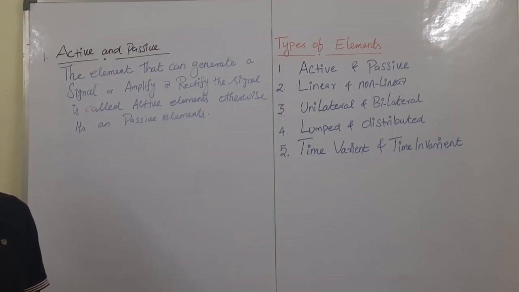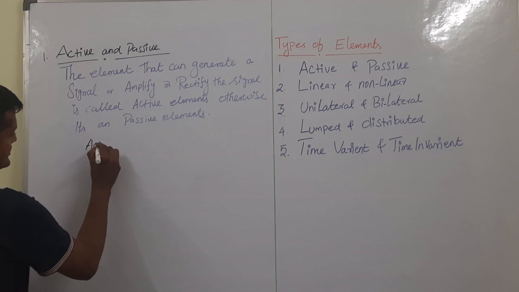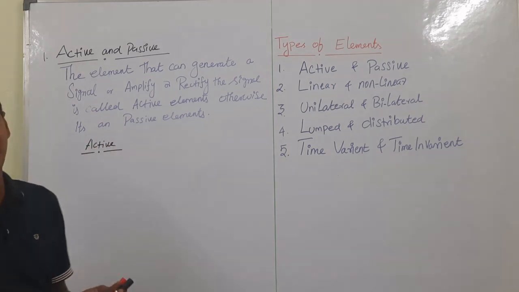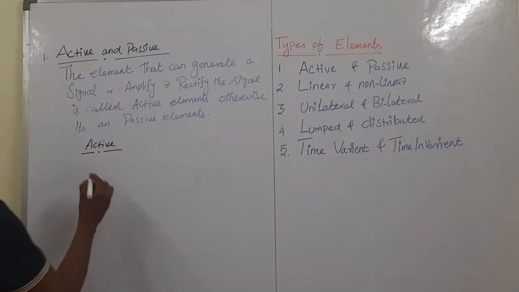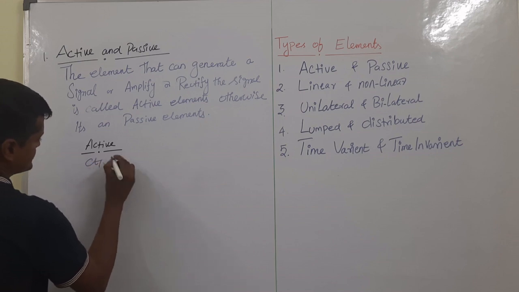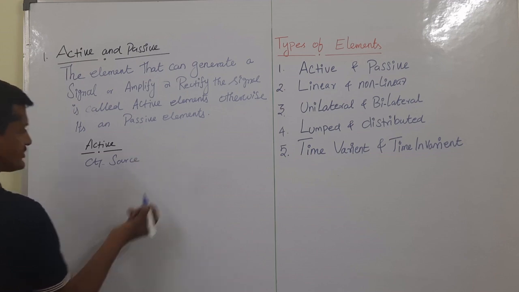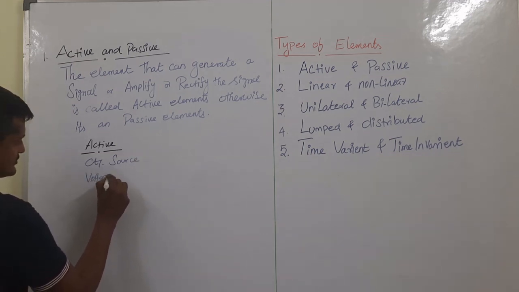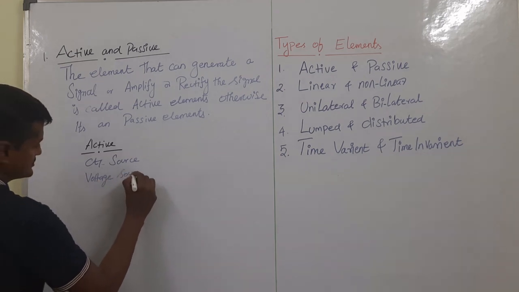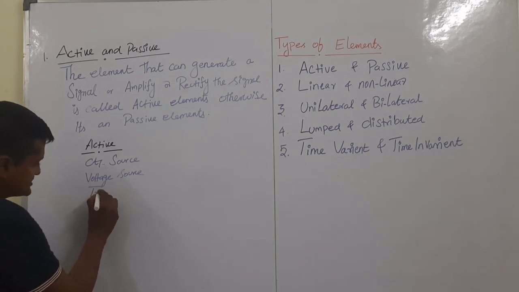Examples for active elements: first current source and voltage source. Next, transistor.